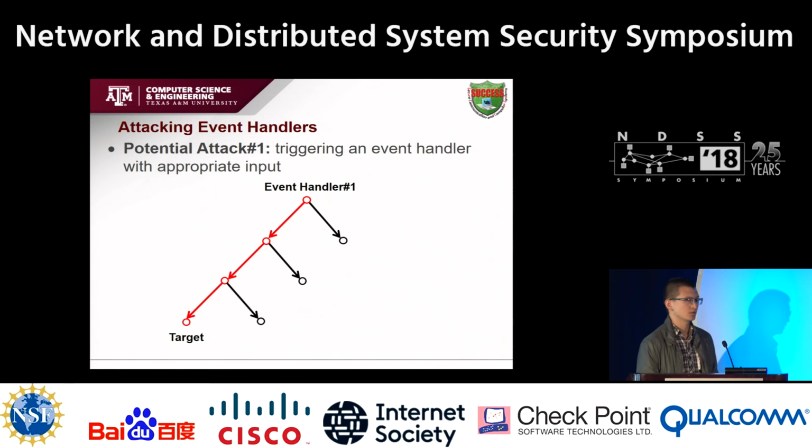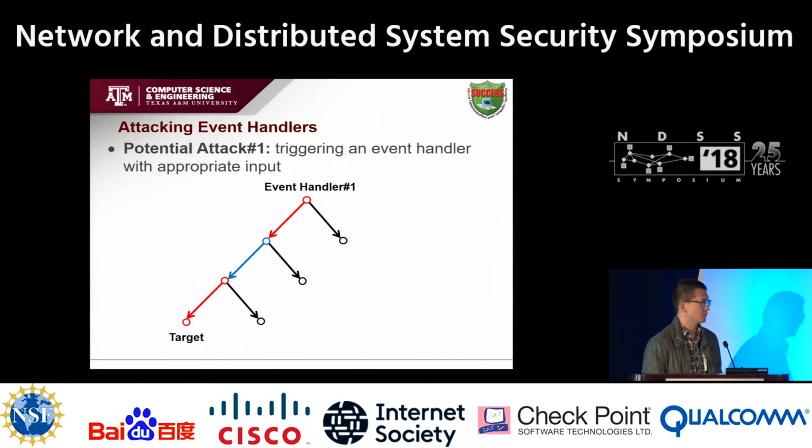There is the event handler and there is a target functionality. To access this target functionality, the attacker must let the event handler follow this path. Because the attacker can totally control the input, the functionality can be accessed by attackers most of the time.